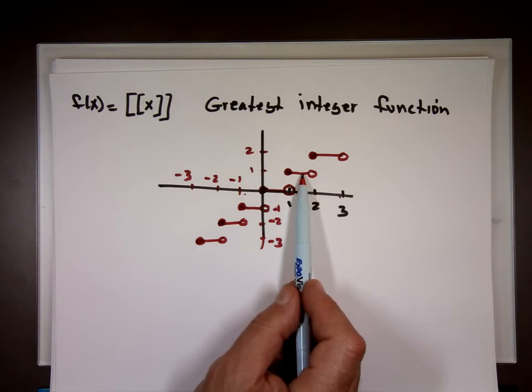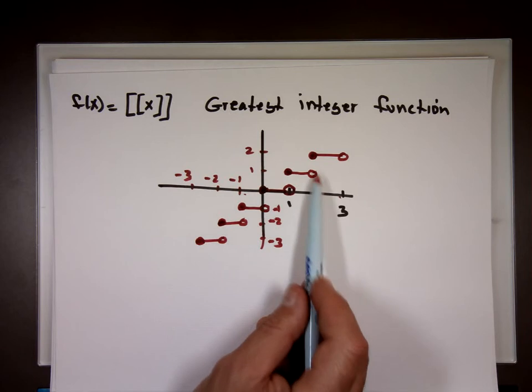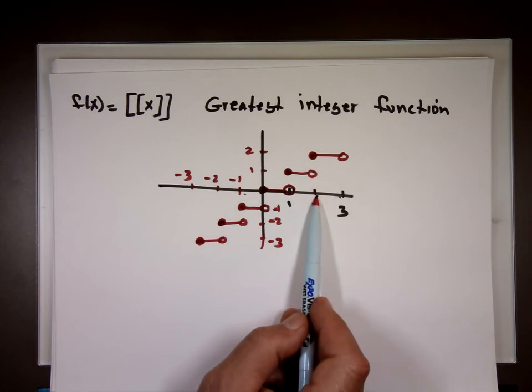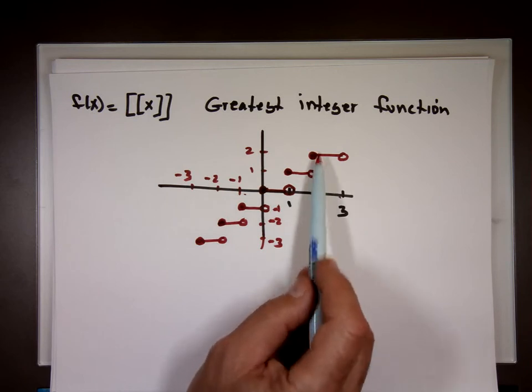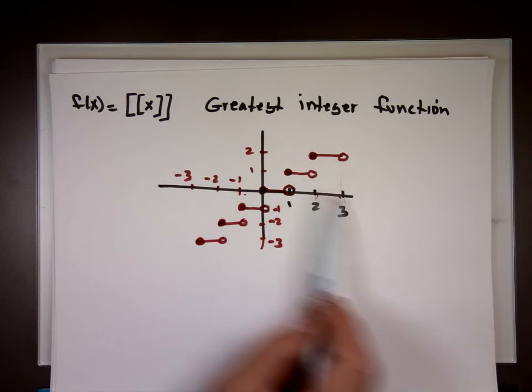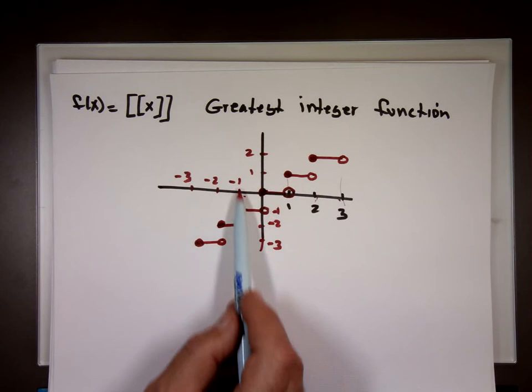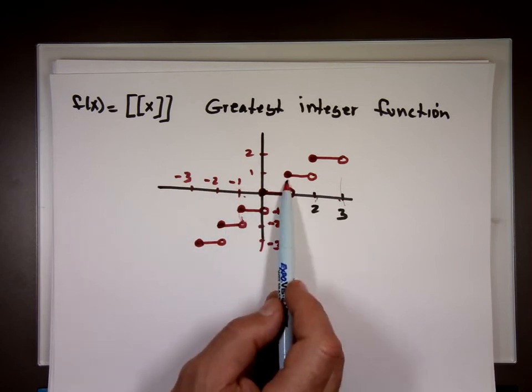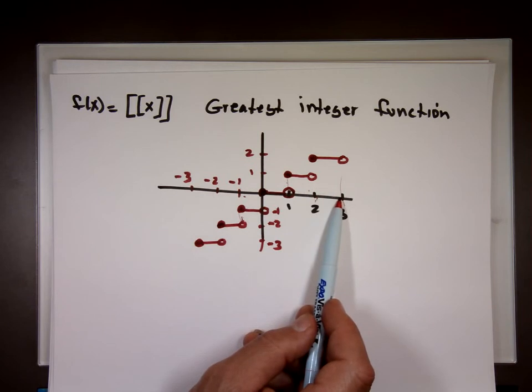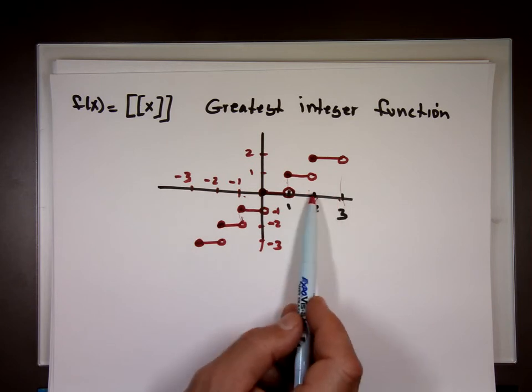From the right side? 2. From the left side is 1, from the right side is 2. There is no limit here, there is no limit there. There is no derivative at -1, at 0, at 1, at 2, at 3. So the derivative does not exist at these integer values.